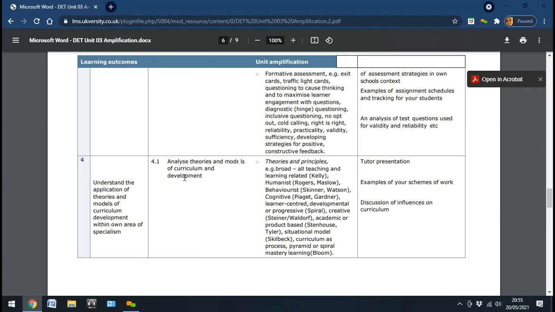4.1 is analysing theories and models of curriculum and curriculum development, how a curriculum is developed and why, what it tends to achieve and how it's set out. This looks at a whole host of different people on here.